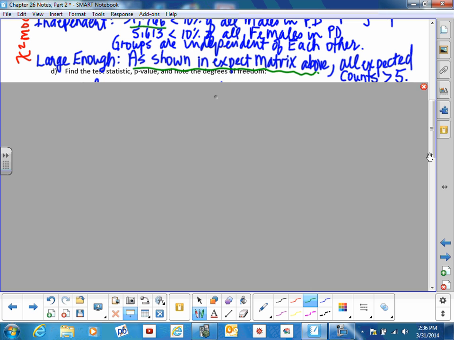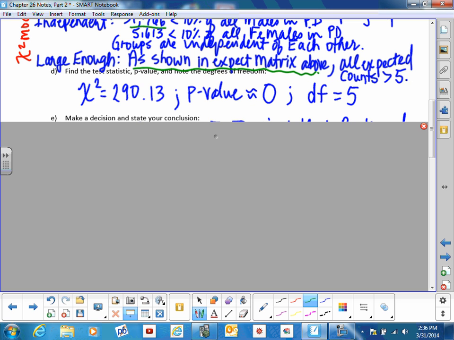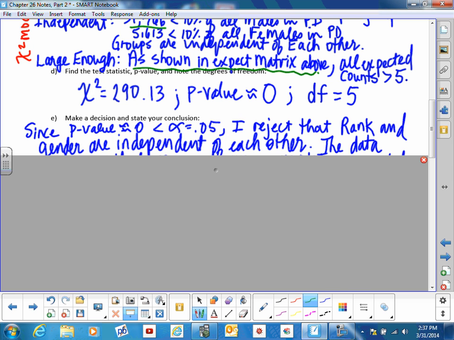We had already determined those test statistics when we ran our test. So with that p-value, what are we going to end up doing? Rejecting. Our first basic sentence, with our p-value of about 0, which is less than alpha: I reject that rank and gender are independent of each other. I'm rejecting that, so there's something going on there.